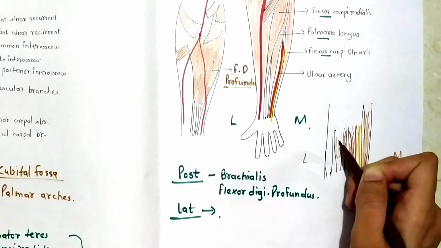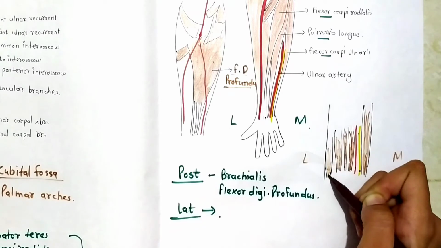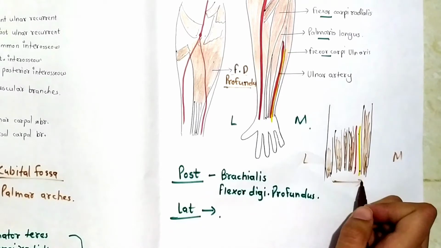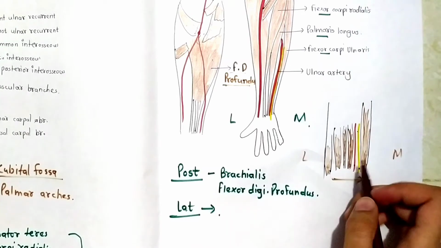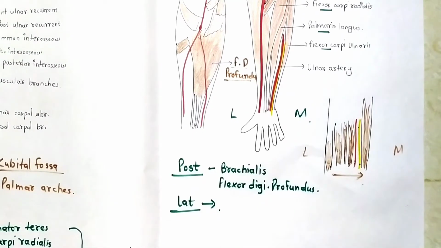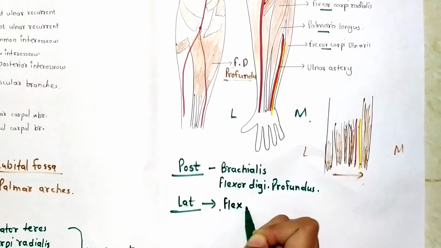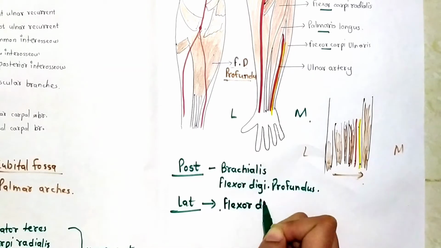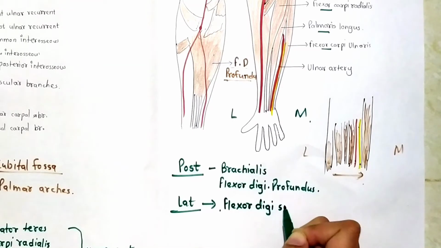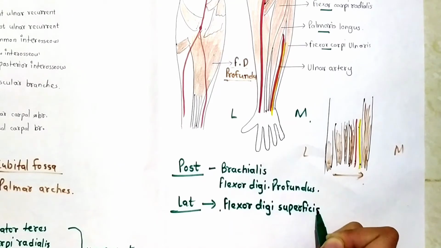Then flexor carpi radialis. And then brachioradialis. So this is the sequence here. So we can see in the lateral relation there is flexor digitorum superficialis muscle.